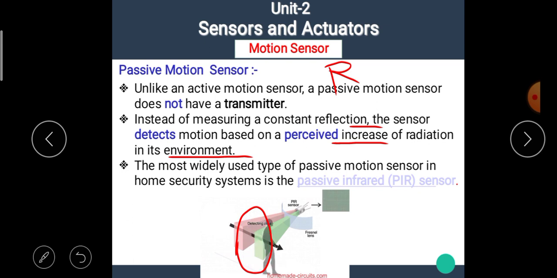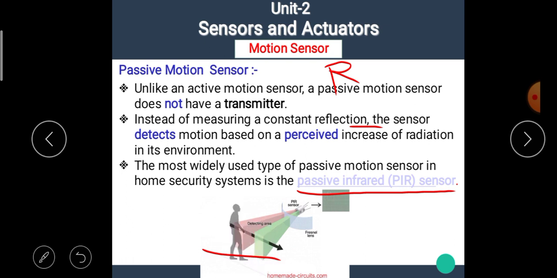We know that all living things emit infrared radiation, and these radiations are sensed by the PIR sensor. We get a positive peak when it crosses the first slot, and when it leaves the slot we get a negative peak. That means we can detect the motion of the object by using the passive infrared sensor. I hope you all remember the things regarding the passive infrared sensor. We have made a video on this sensor.